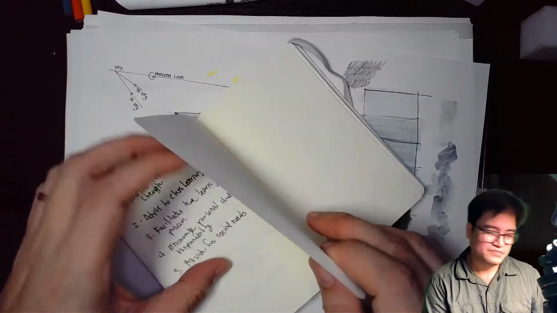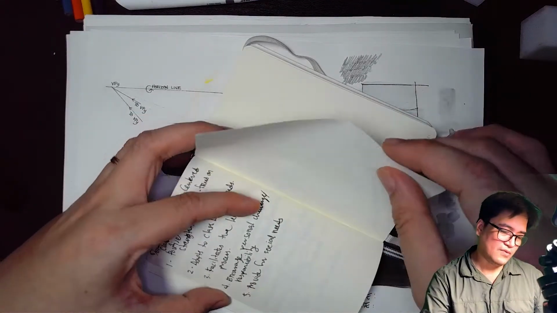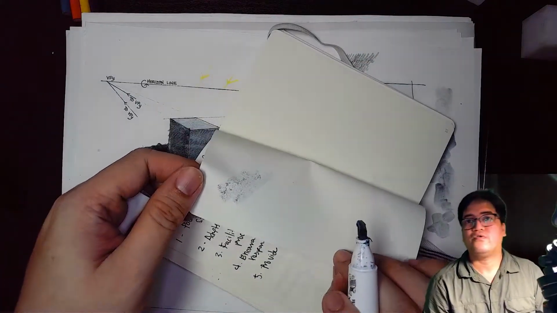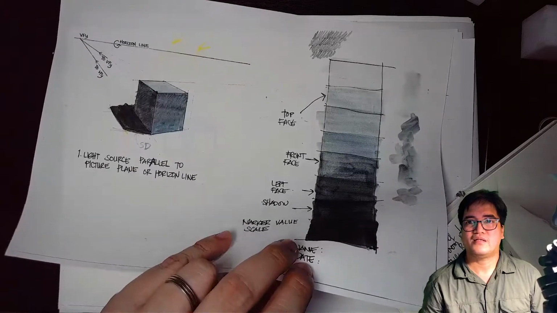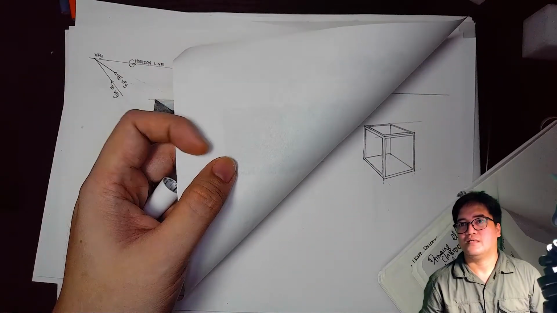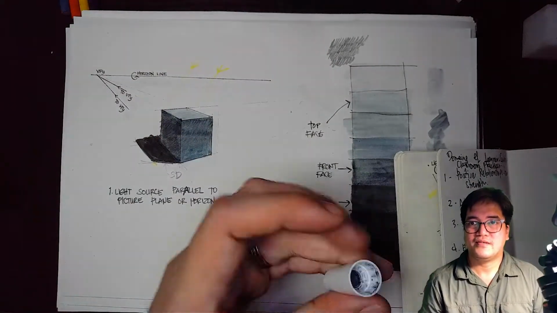So I'm going to try my marker on an ordinary paper, for example this one. So it's going to go through. Paper for marker pens will not. So even the darkest cannot go through, because it's specially formulated for marker pens.